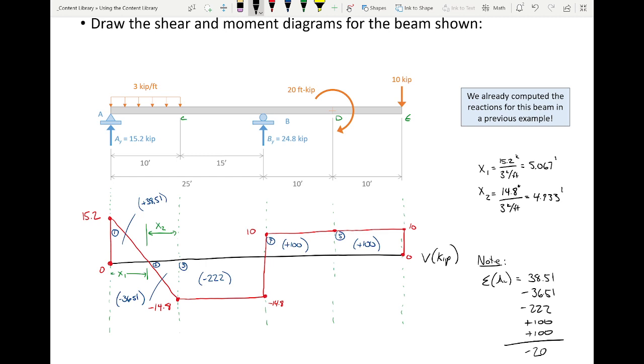And so for me, the easiest way to address that was to look at this. When I sum these areas, I get negative 20, right? But I want the sum to be 0. So in order for the sum to be 0, that has to be positive 20, right? So it is going to cause a positive jump on the moment diagram. It's going to jump up. Does that make sense? So let's see if I'm right, okay?